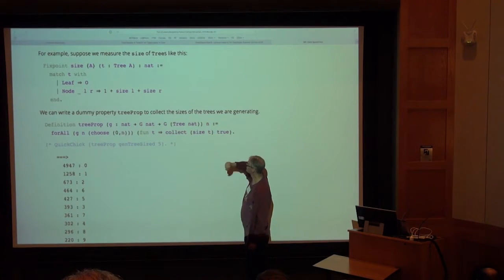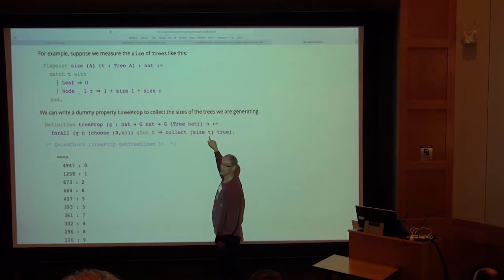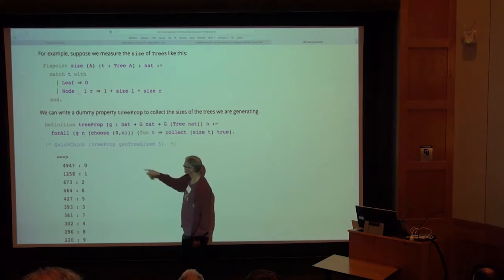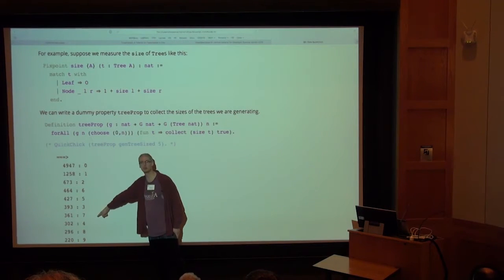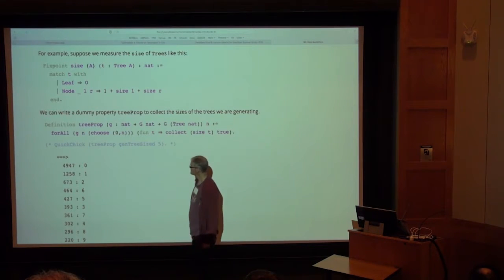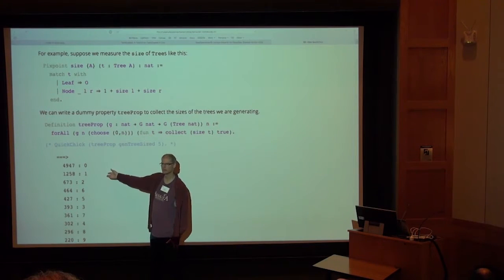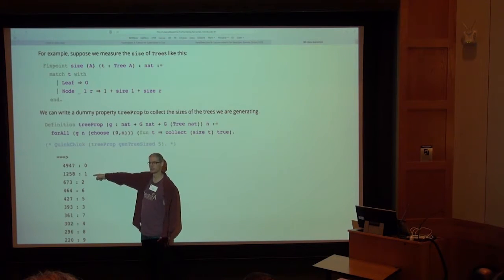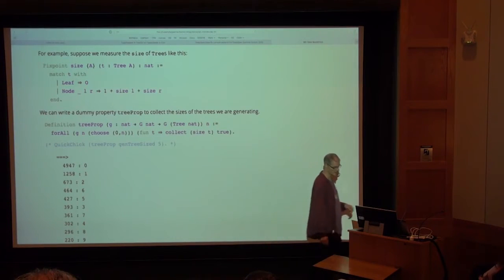But we wrap this trivial property in something that collects the size of each of the trees that it sees. And now if we run quickCheck on this funny tree property, we see the distribution of tree sizes very clearly. Namely, we generate 10,000 examples by default, and about half of those examples are size at most 1. So from that information alone, it's clear that that generator is not going to do a very good job with testing.